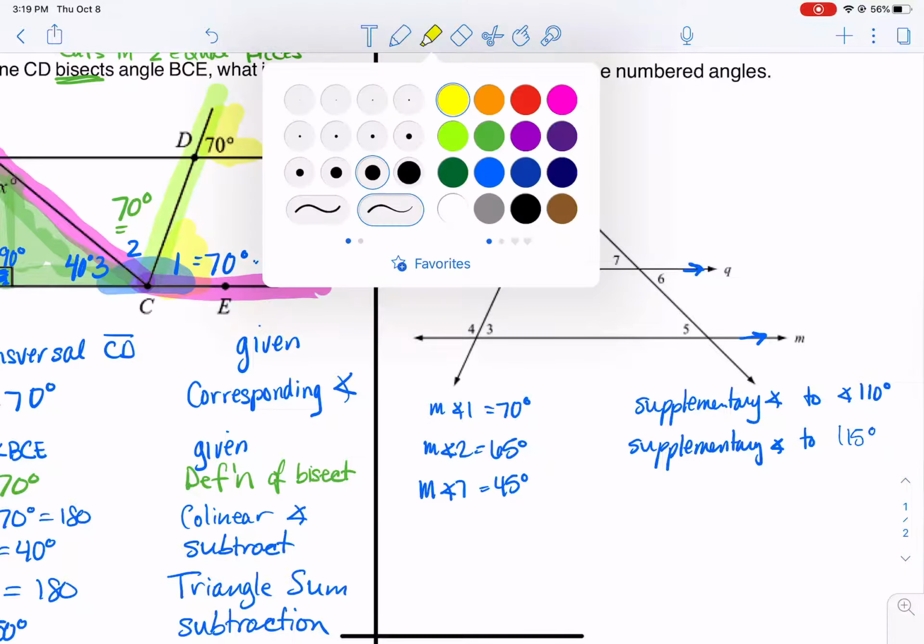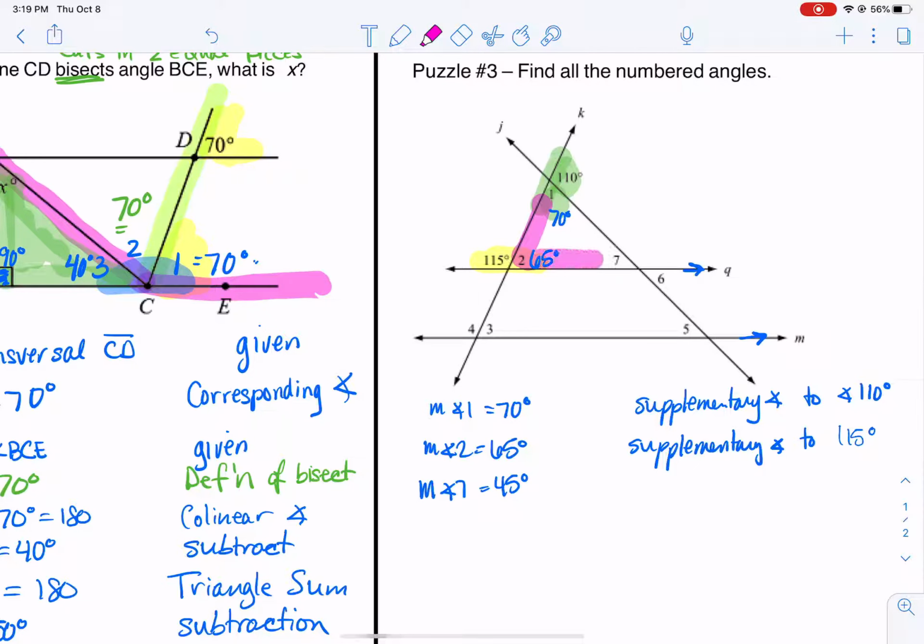And I get that because this is a triangle again. So that means that 180 minus 70 minus 65 has to equal 45. So this is triangle sum theorem. So now I know that 7 is 45.